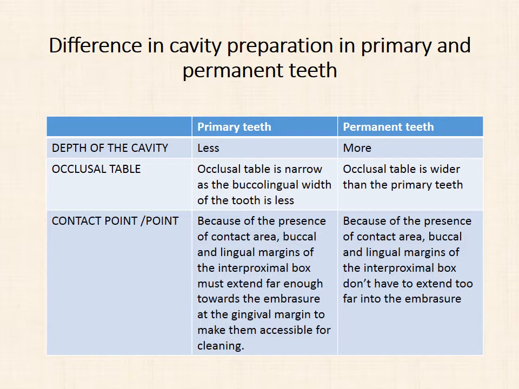While in permanent teeth, because of the contact point, the buccal and lingual margins of the interproximal box do not extend far into the embrasure area. So less cavity cutting is required for permanent teeth.